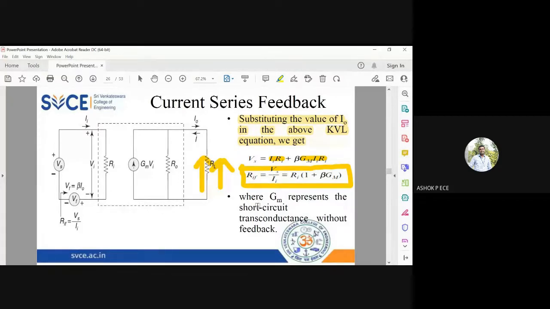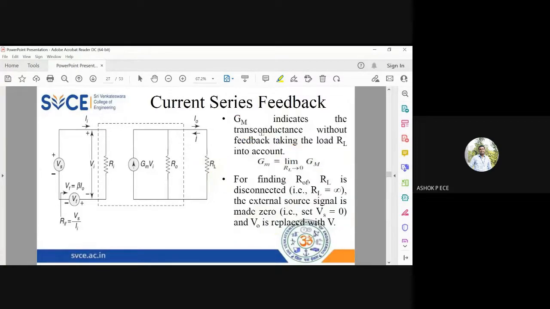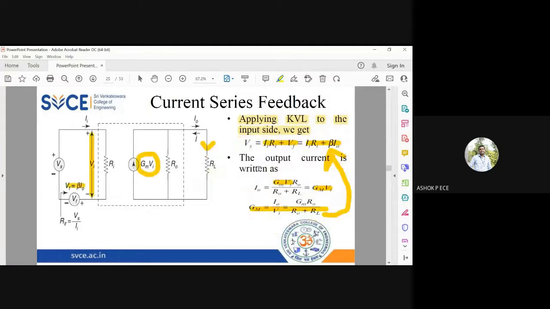So there are two values of gm here, small gm and capital GM. See, small gm is the actual transconductance without feedback, and capital GM will be considering your load. You see the expression for capital GM, you will always have RL.